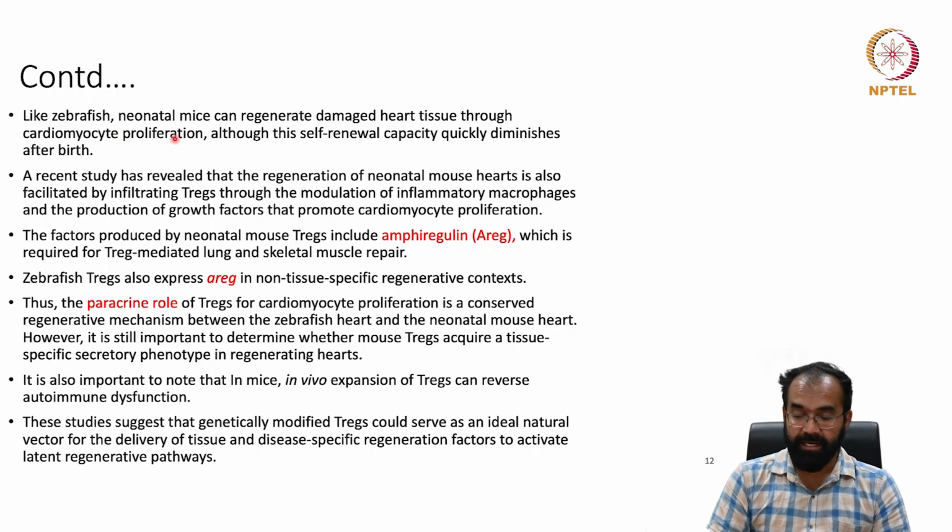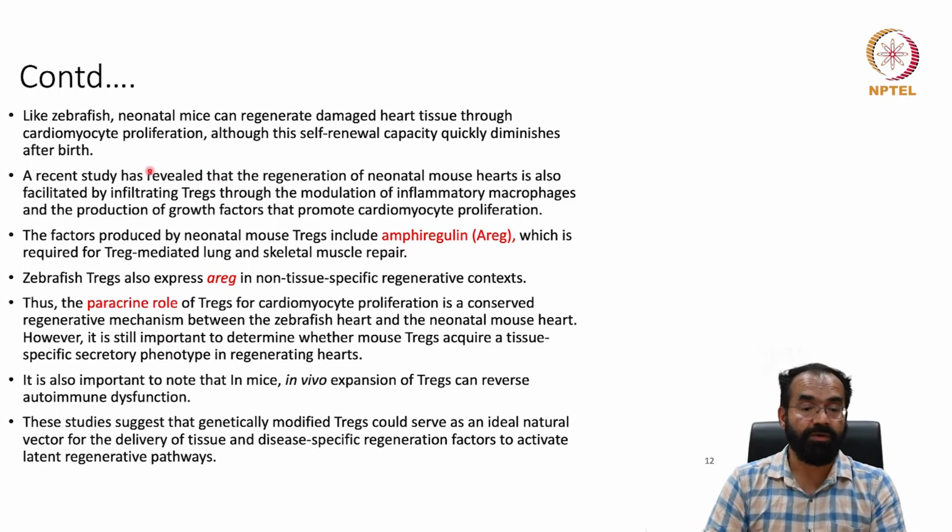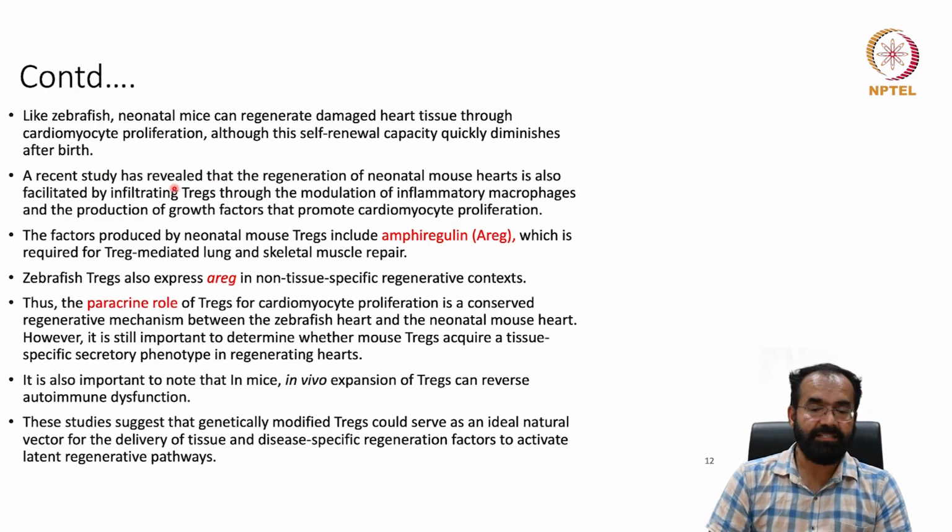Like zebrafish, neonatal mice can regenerate damaged heart tissue through cardiomyocyte proliferation, though its self-renewal capacity quickly diminishes after birth. One recent study has revealed that the regeneration of neonatal mouse hearts is also facilitated by infiltrating Tregs through the modulation of inflammatory macrophages and the production of growth factors that promote cardiomyocyte proliferation.